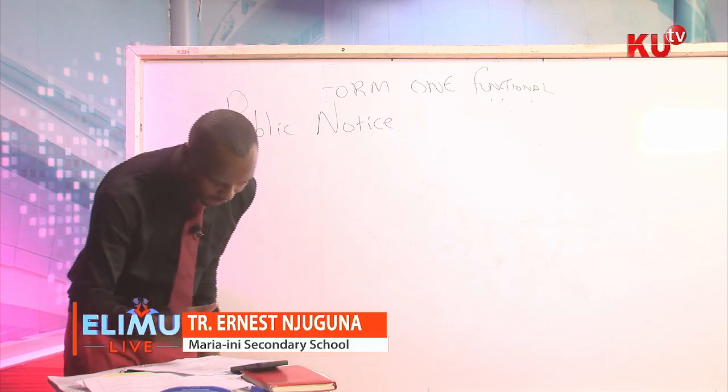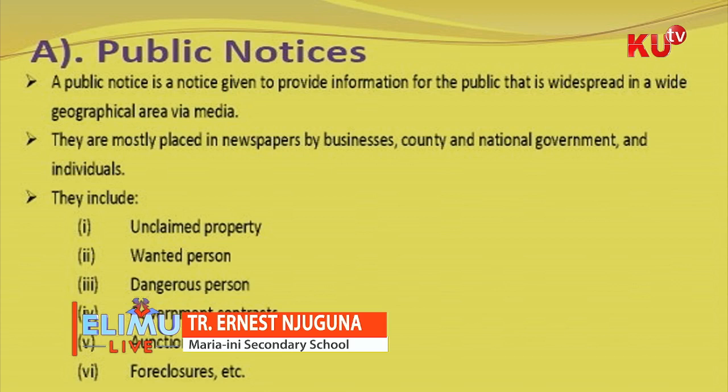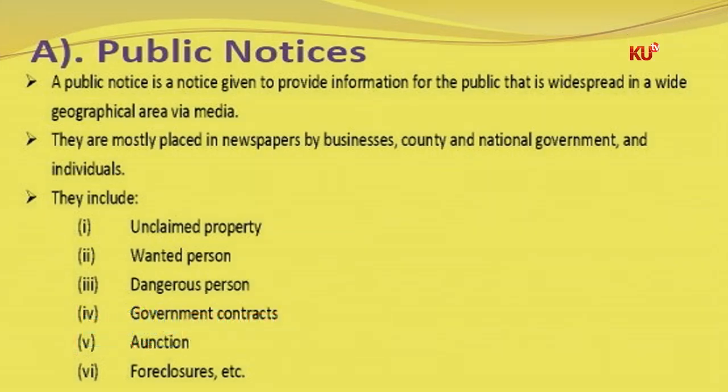A public notice is just a notice given to give information to the public that is widespread. It can be unclaimed property, a wanted person, government contracts, and so on, as you can see on the slides. And you see a sample public notice.